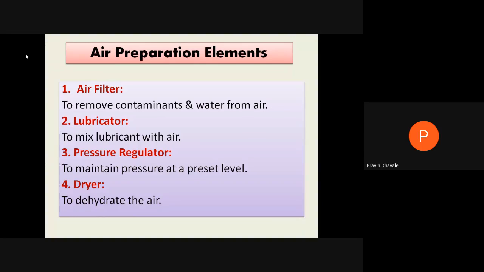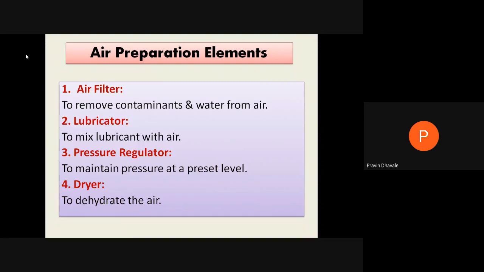When you directly leave that air into the atmosphere, it may create some unpleasant, irritating noise. So it will affect the concentration of the personnel, or it may have some hectic effect on the mindset of the person operating the pneumatic system. For that purpose, when air comes out after use from the pneumatic system, it must pass through the muffler.